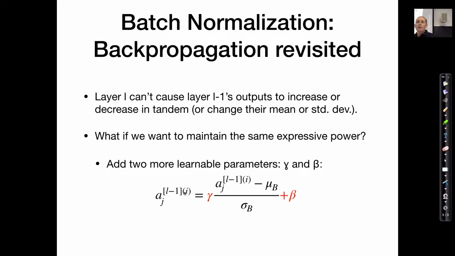Now, one thing to note here: this is a particular input, and we learned a beta, and other inputs are going to have their own betas. So we have our W times A at L minus 1 plus B. Each of these A at L minus 1s has its own beta that it's learning.